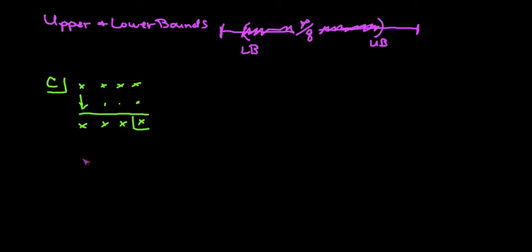Now, in that last line, if every one of these things on the bottom turns out to be positive or 0, then that means that we just found an upper bound. Now, if those things alternate in terms of signs, that means we found a lower bound.